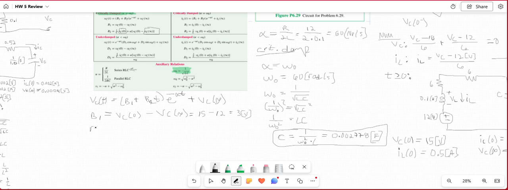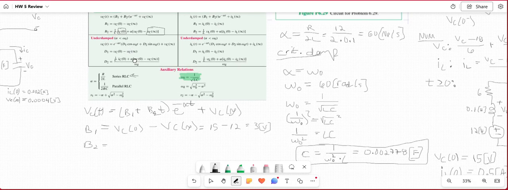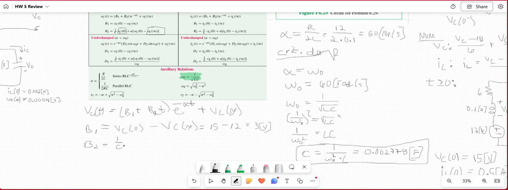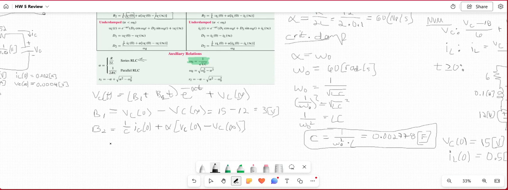And then B2 equals 1 over C, IC of 0, plus alpha, VC of 0 minus VC of infinity. Okay, so now we're going to plug in our values. We have everything we need.